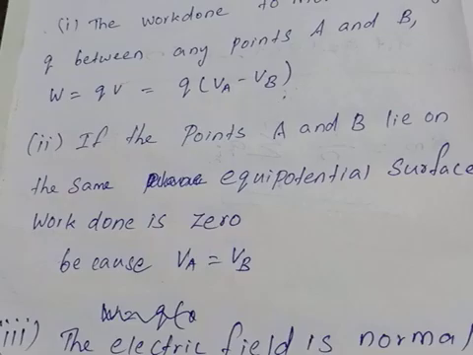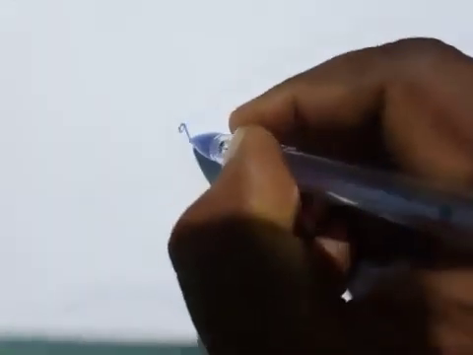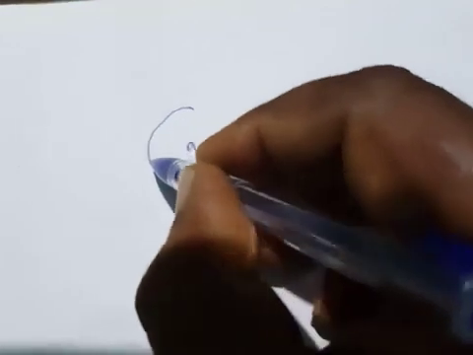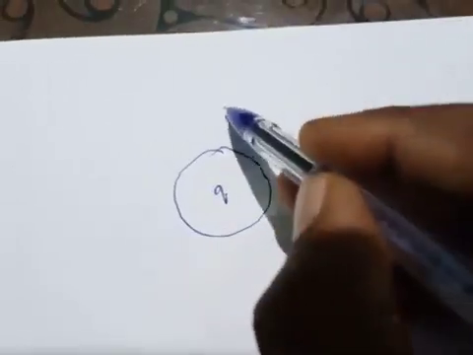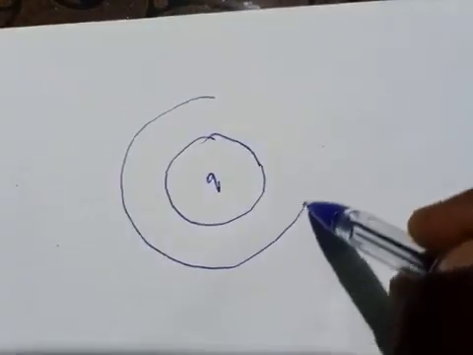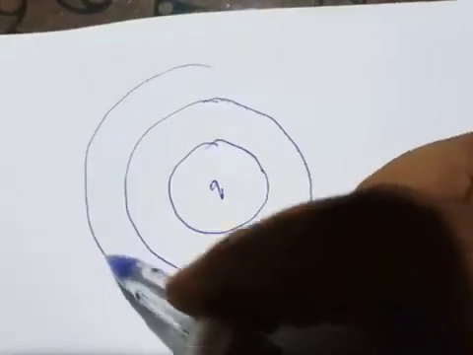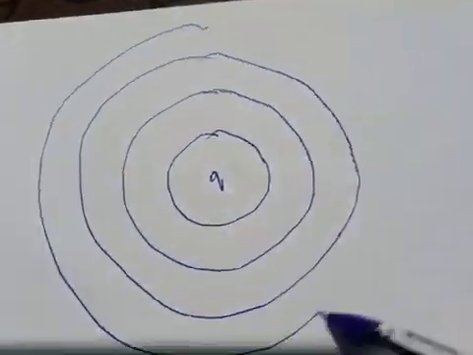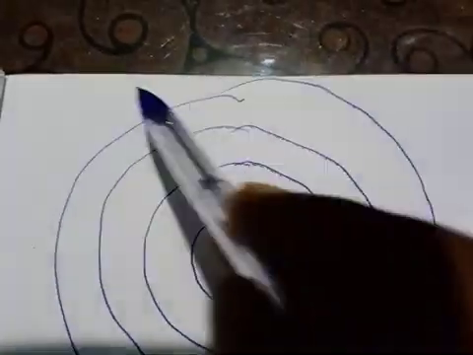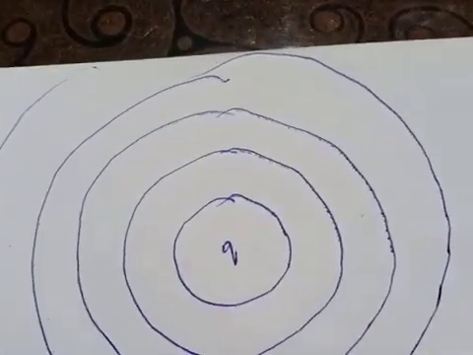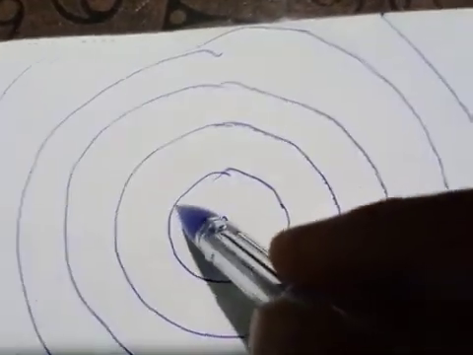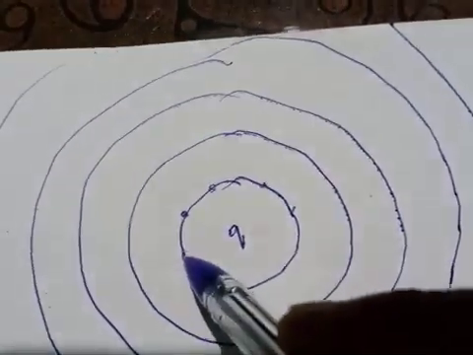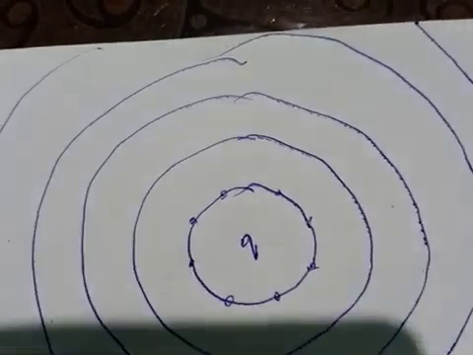Now the third property I will tell you. Assume that this is the charge, Q is the charge, and at R distance there are equipotential surfaces, you see. These all we can tell are equipotential surfaces.